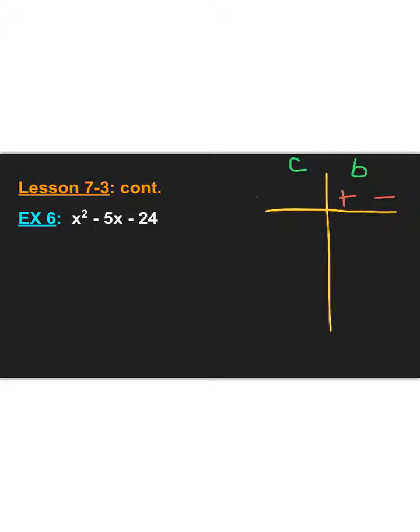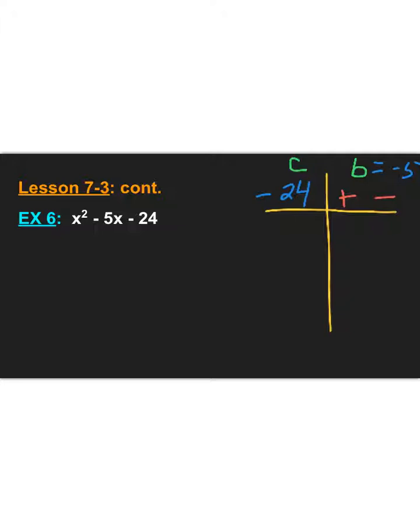My C is -24 and my B is a -5. So because C is negative, I know I'm going to be looking in this column for my middle term of 5, which we're going to make -5.